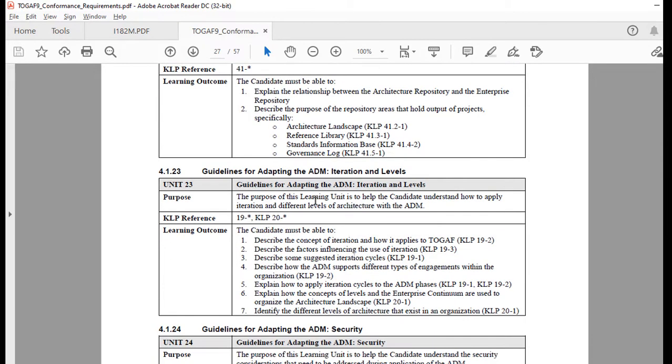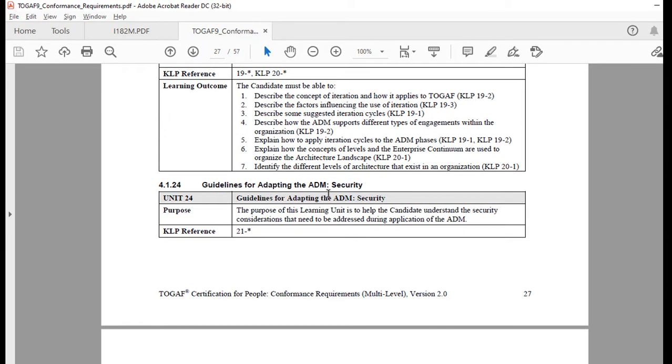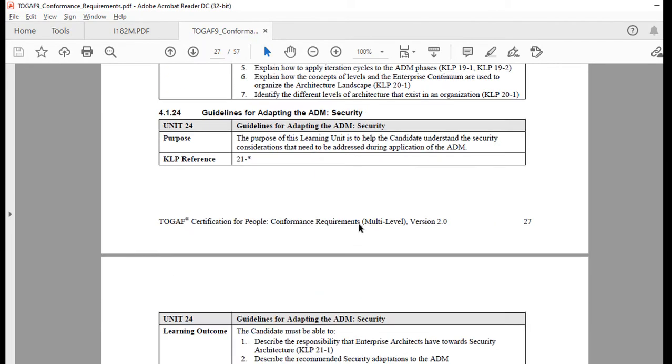and of course, based upon the guidelines TOGAF has given for iterations and levels, we will be following through, because we are already in the ADM and we are talking about the preliminary phase. So obviously we are going to touch this part. Then we are also going to touch the ADM security part.